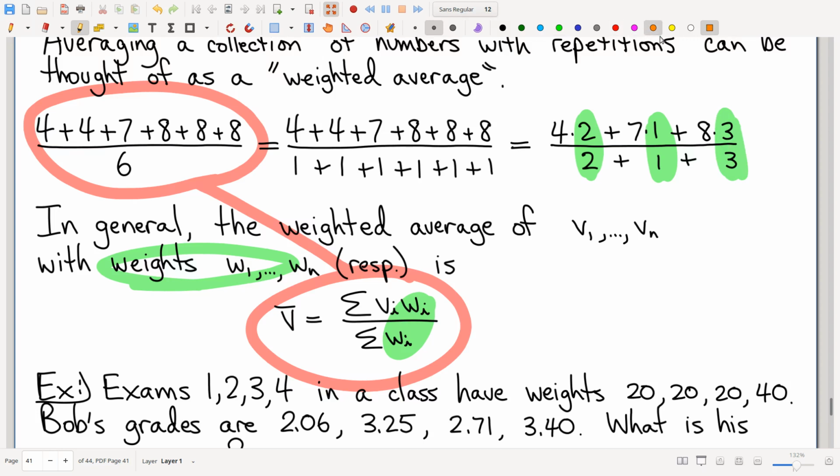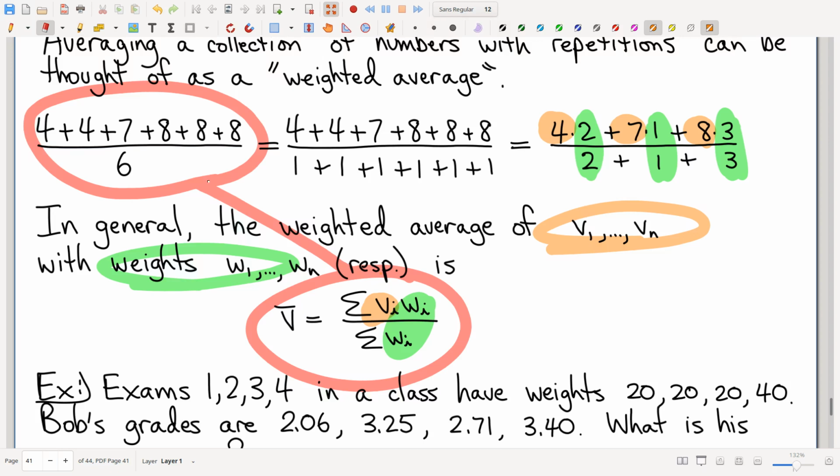And so what we call the weighted average of these numbers, 4, 7, and 8, is given by this formula. So it's just kind of a reinterpretation of a regular average. The weights just tell you in some sense how many times the numbers that we're averaging count. Everybody on board with that?